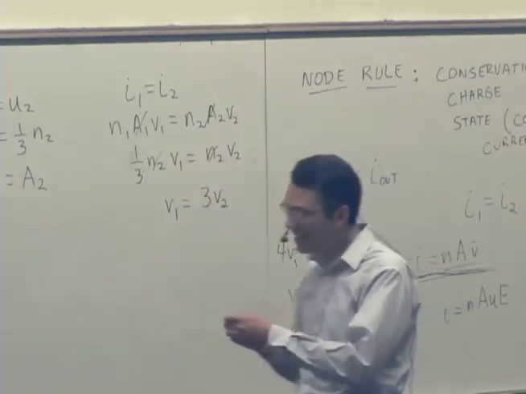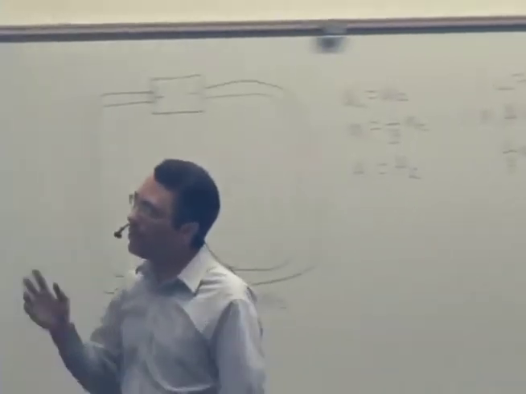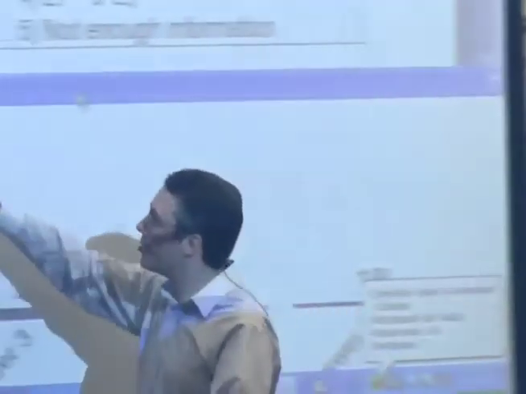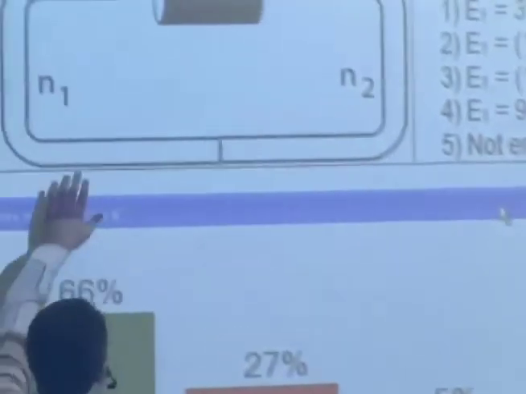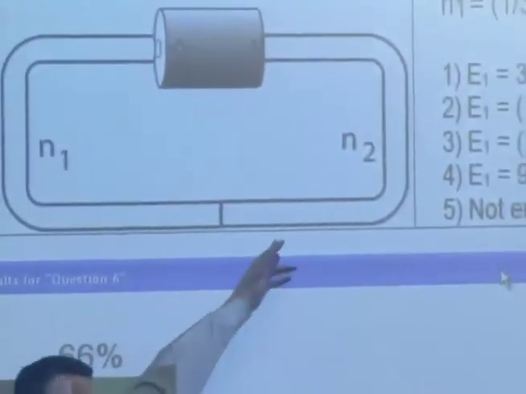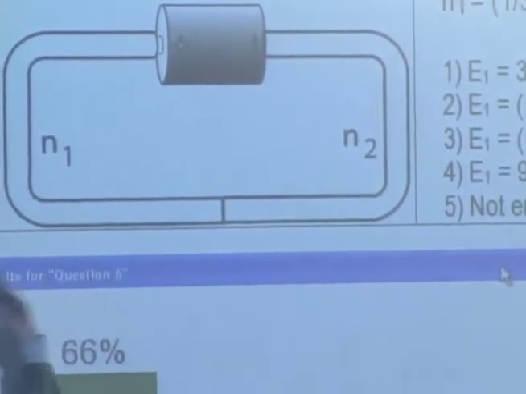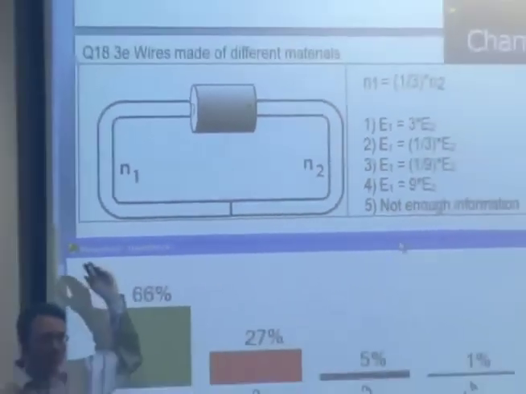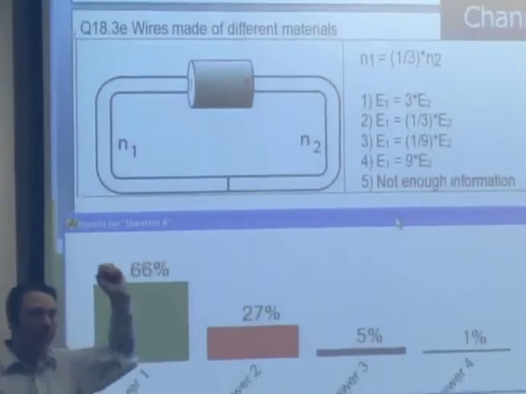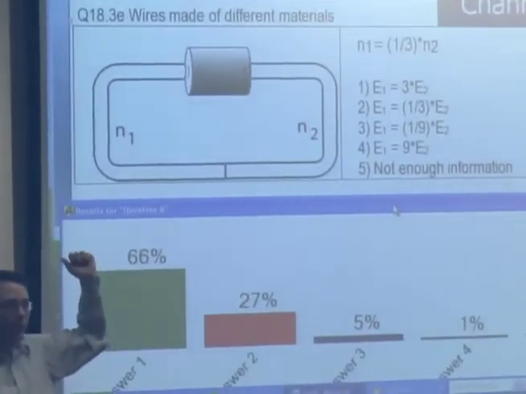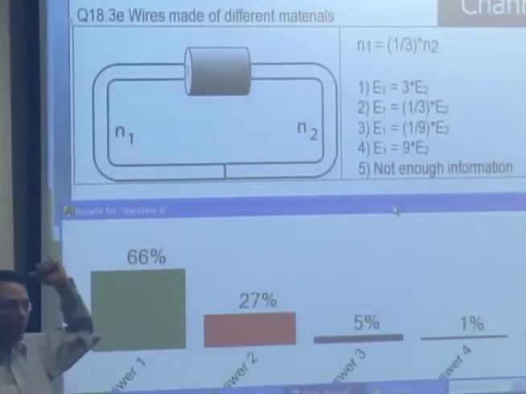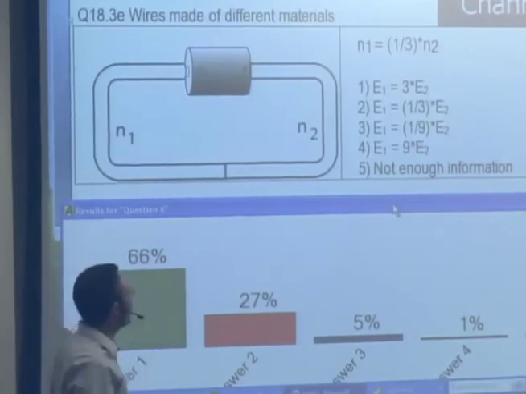So what is that saying? It says that you don't have as many electrons per unit volume in this wire as you have in the other wire. Okay, there are just fewer electrons to go around. So in order to get the same number to move by every second, they have to move faster in wire 1 than they do in wire 2.